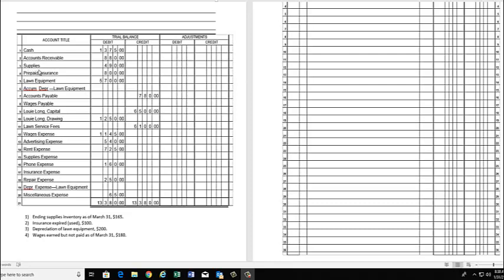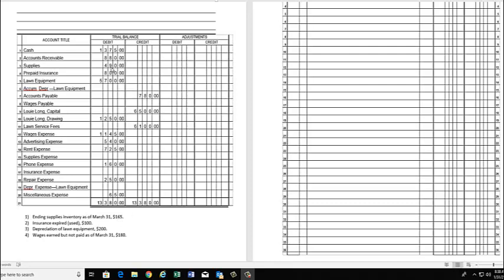Now, according to our trial balance, we purchased $490 in supplies during the period. We have our information down here that's telling us that we examined our supplies inventory at the end of the period on March 31st and found that we only actually have $165 in supplies left.